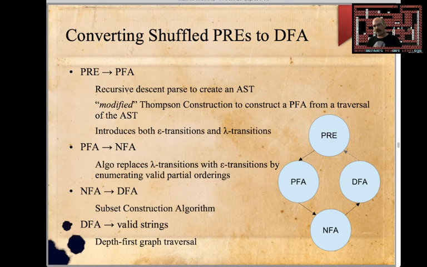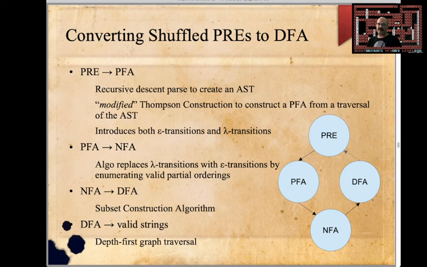And then from there, we go from the PFA to the NFA. This algorithm is published, and it essentially consists of enumerating all of the different interleavings between all of the valid strings, or valid state transitions, for the two languages that are being shuffled.